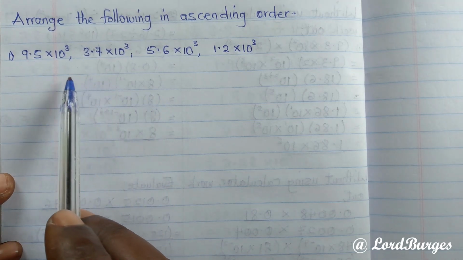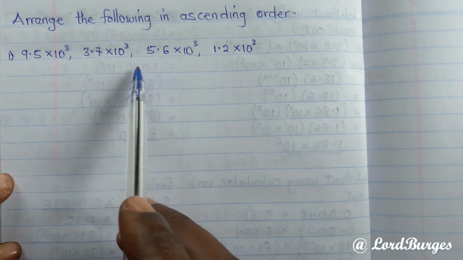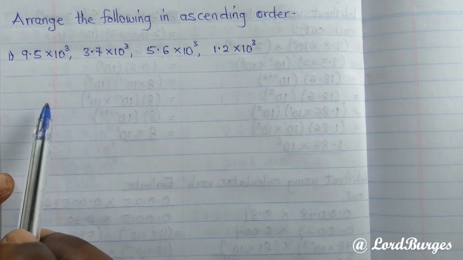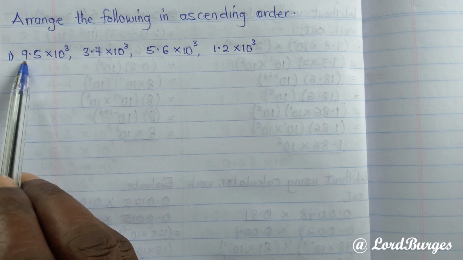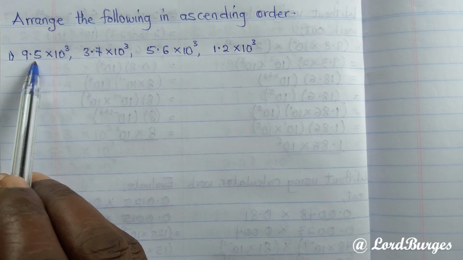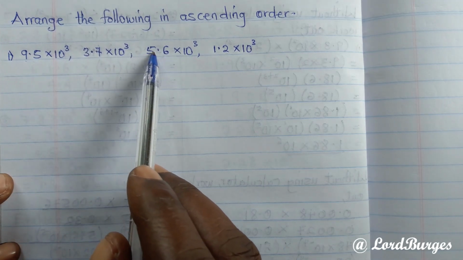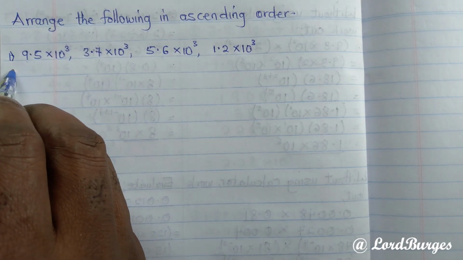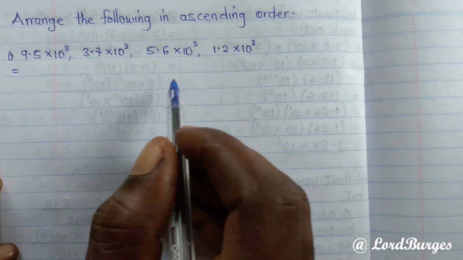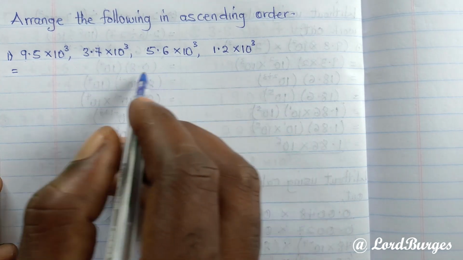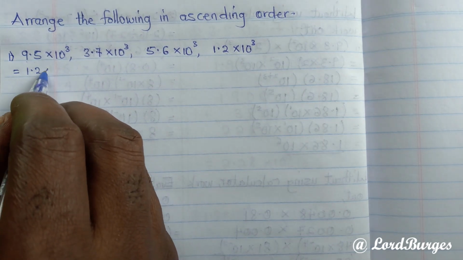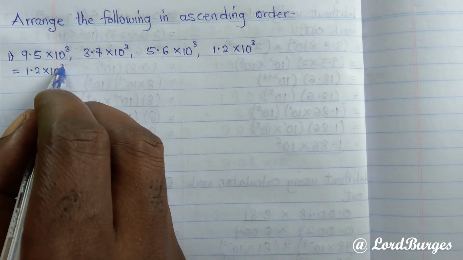So with this example, since the powers are the same, you need to ignore the powers. Looking at the decimal values, I have 9.5 here, 3.7, 5.6, and 1.2. The smallest of all the decimal values is 1.2. So the smallest becomes 1.2 times 10 raised to the power 3.